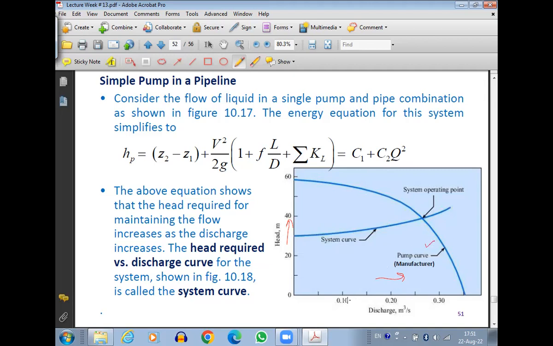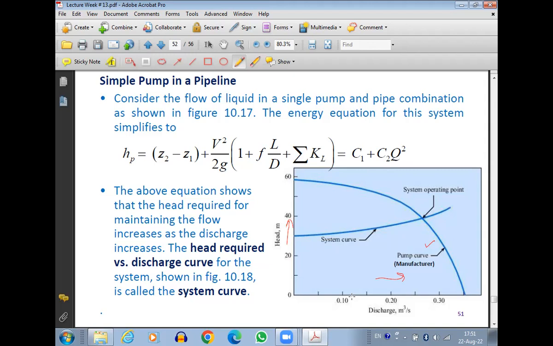The pump curve says that this is a pump which can generate this much head, but it depends upon how much flow you make it pass through. If you increase the discharge, the amount of head that it can raise will become less.